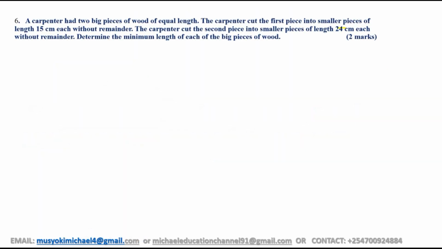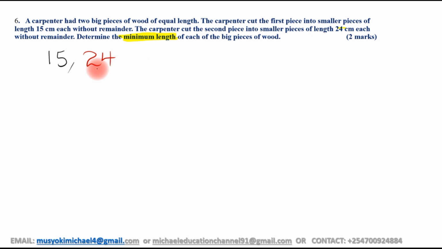Here we have a keyword, determine the minimum length, and this is very important when we work out this question. One of them was cut into smaller pieces of 15 cm. The other one was cut into smaller pieces of 24 cm.